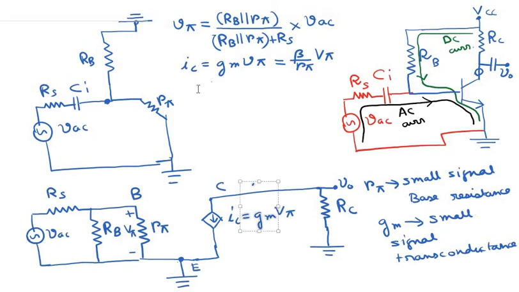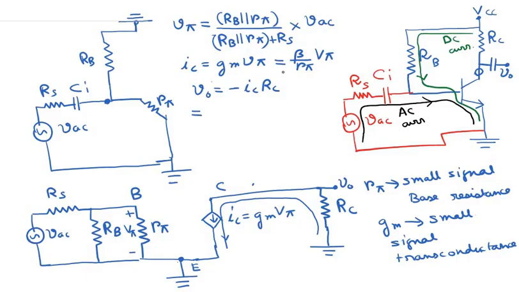Now the output voltage V0, how does it appear? This current IC, the AC component of the collector current, flows through this resistor RC over here. So the output voltage V0 is minus IC into RC, because the AC current is flowing from this AC ground through this resistor RC. So V0 is minus IC into RC.